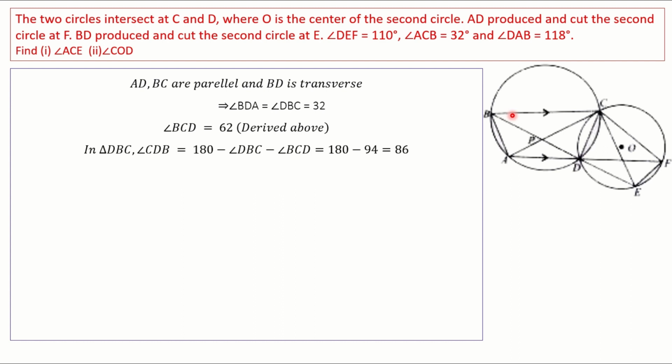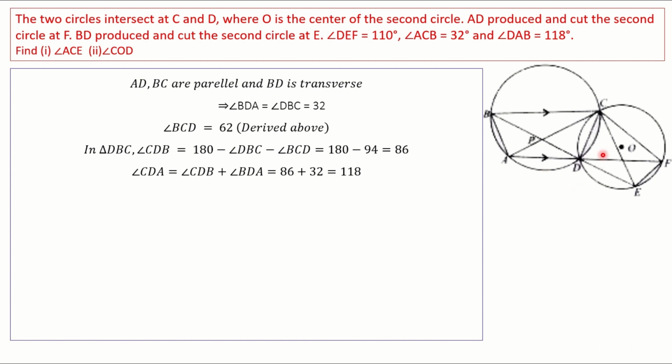Next, in triangle DBC, angle CDB equals 180 minus angle DBC minus angle BCD, which is 180 minus the total of 94, which is equal to 86.